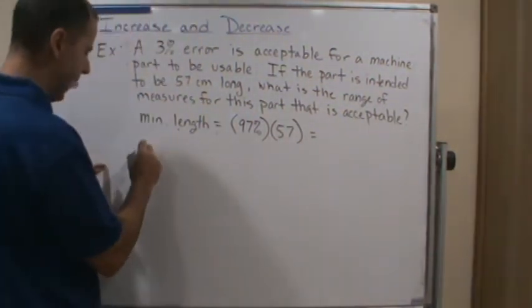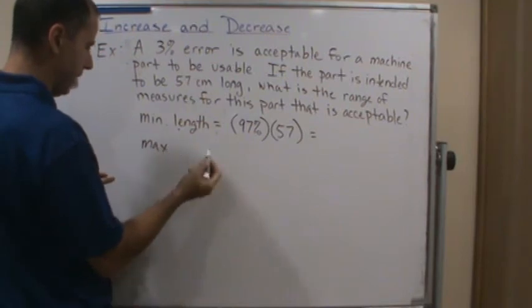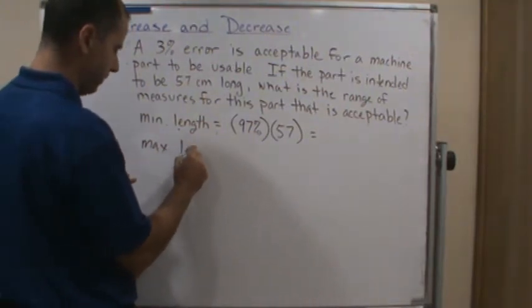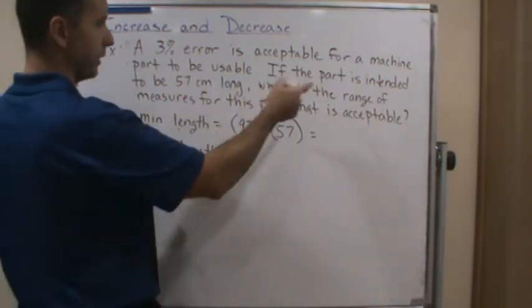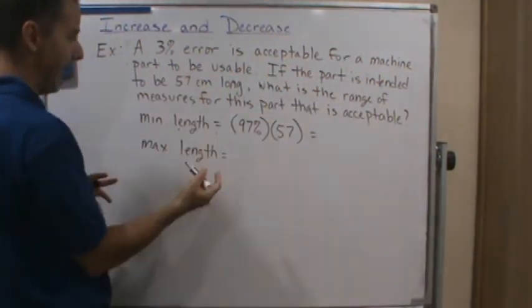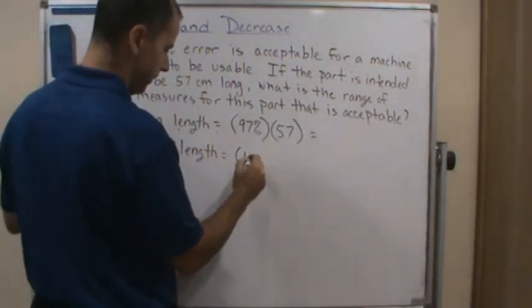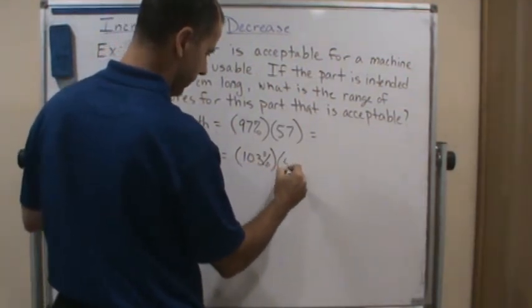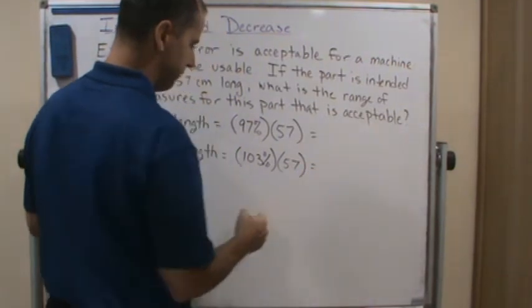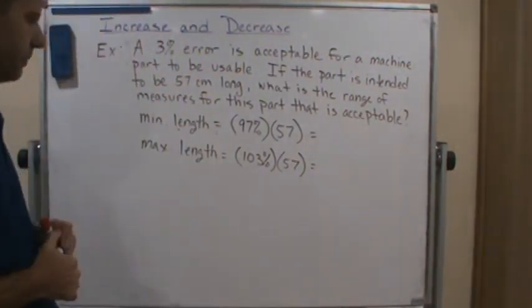The maximum length that this part can be to be usable is, now, we're going to take the 3% and add it to 100%, and multiply that by 57. So this will give us the maximum.